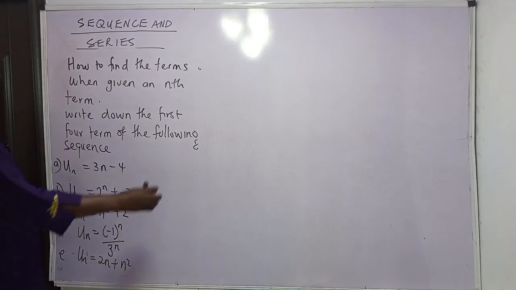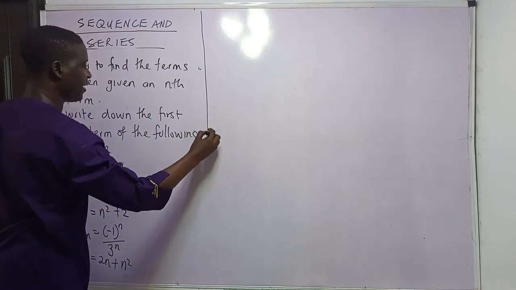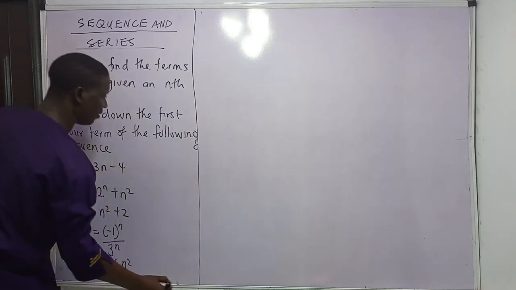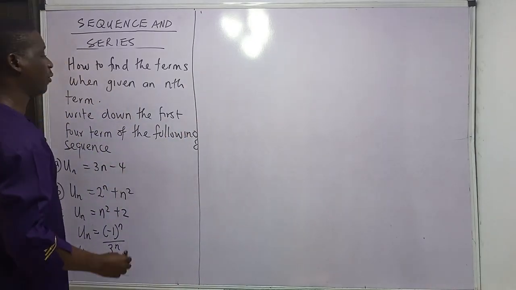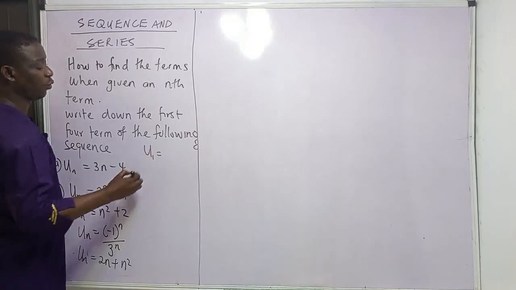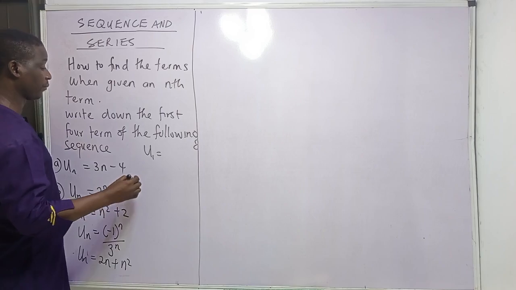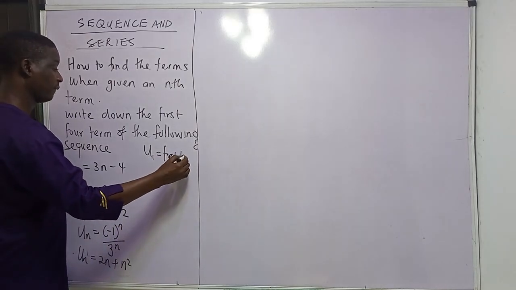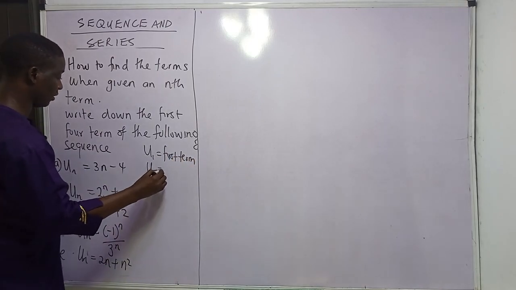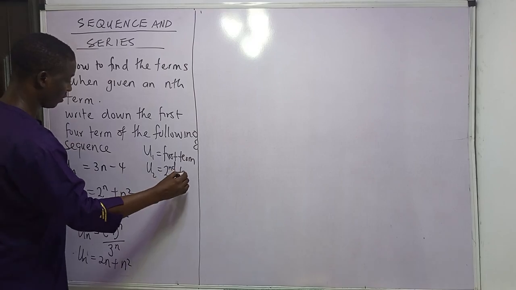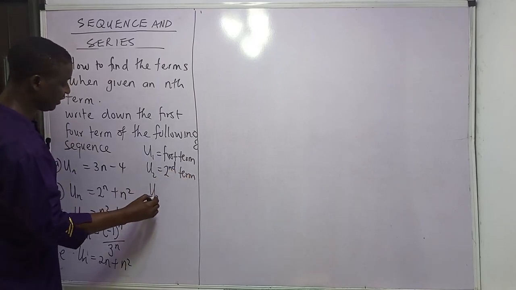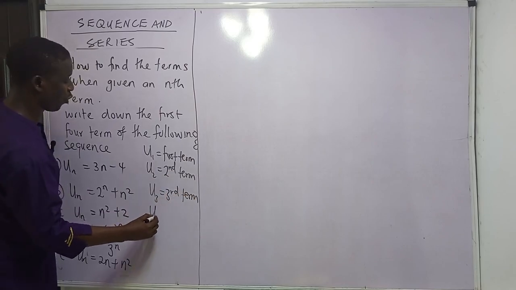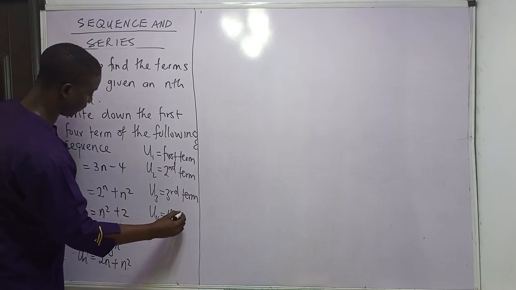Now, how do we go about this to find the first 4 terms? Don't forget I told you in the last class, if you check the last video, U1 is your first term, U2 is the second term, U3 is the third term, U4 is the fourth term.